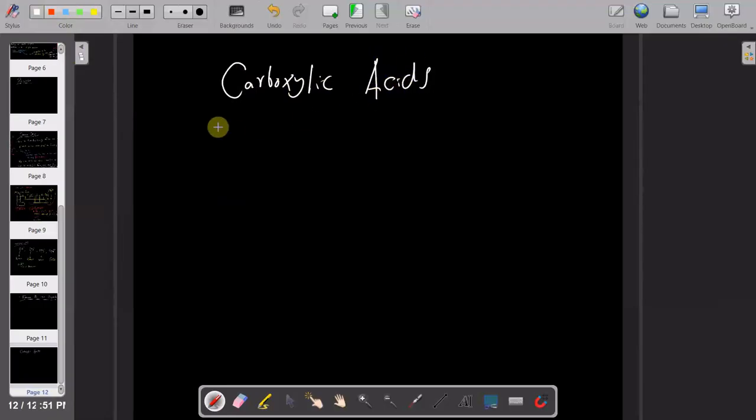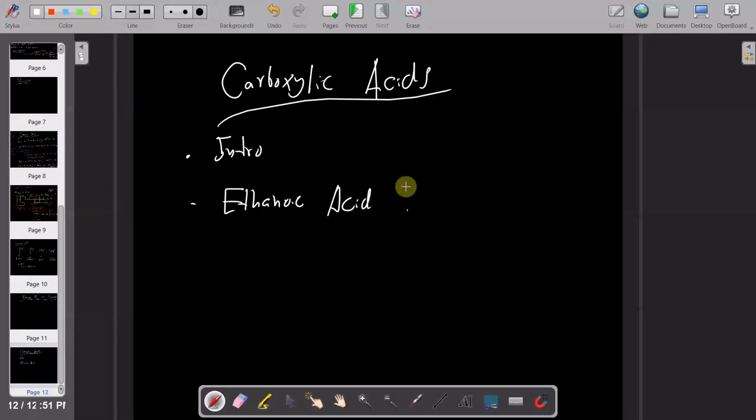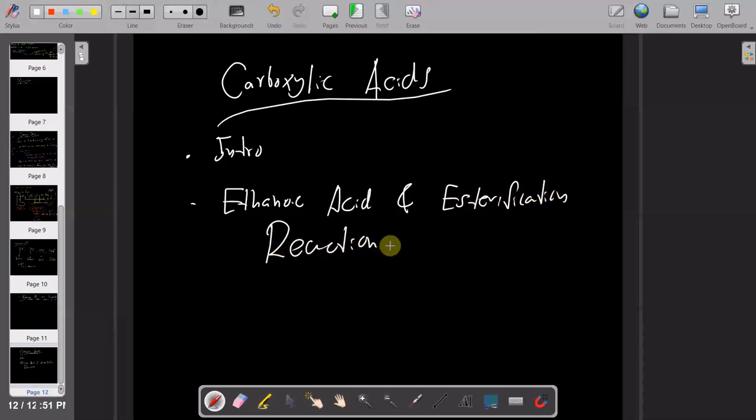So under carboxylic acid we have the introduction, and then ethanoic acid, then esterification reactions. Okay, let's move directly on to carboxylic acids.